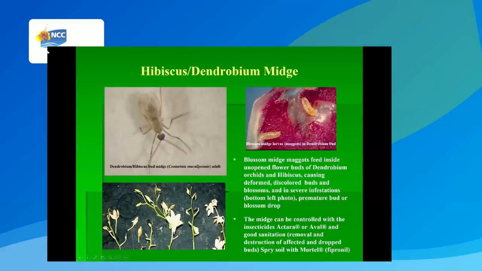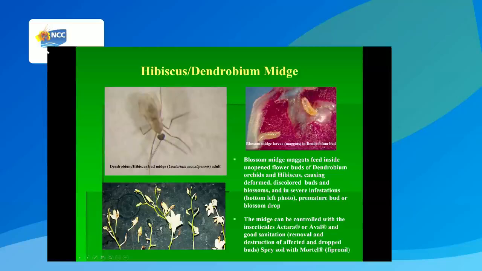The top left shows a picture of what the adult of that fly looks like. Very similar to a mosquito, very fragile. The right hand picture shows the maggot or larval stage of that fly feeding inside a bud of a dendrobium orchid.